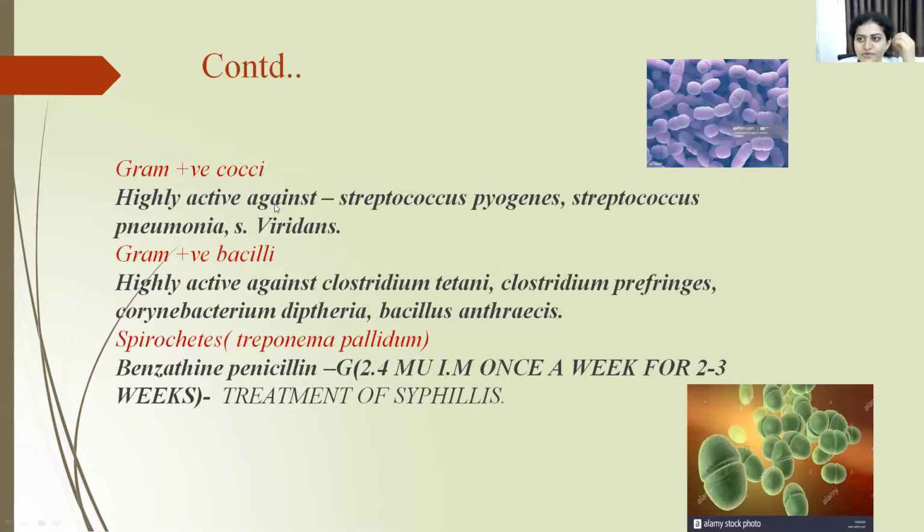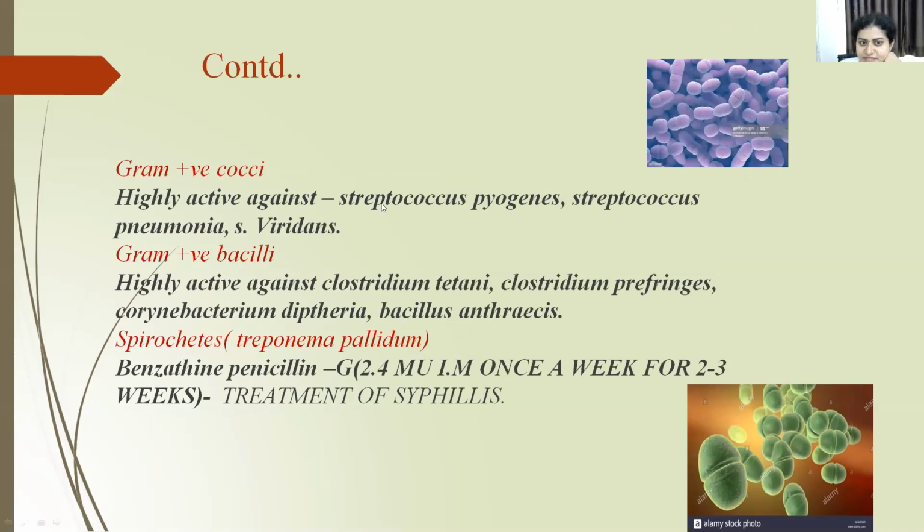Among gram-positive cocci, you can mention Streptococcus pyogenes, Streptococcus pneumoniae, and Streptococcus viridans. Gram-positive bacilli include Clostridium tetani, Clostridium perfringens, Corynebacterium diphtheriae, and Bacillus anthracis. So based on these organisms, you can write the uses.